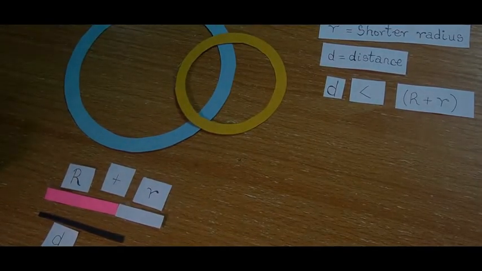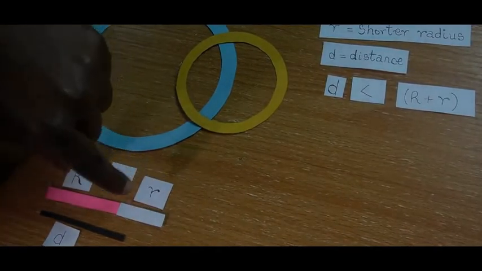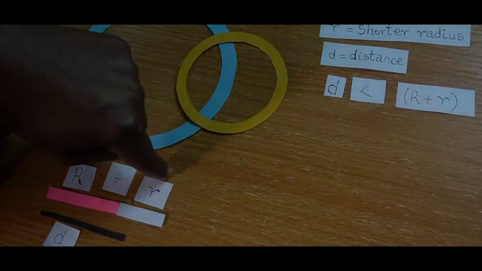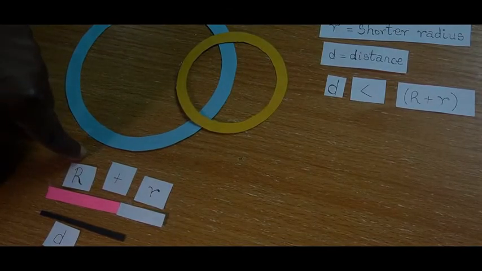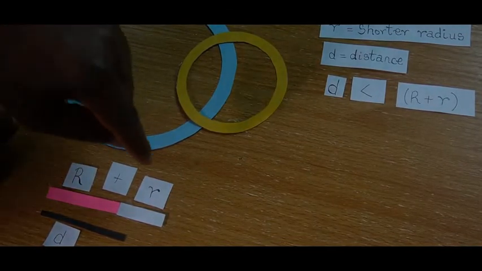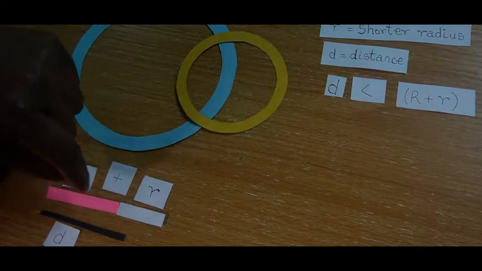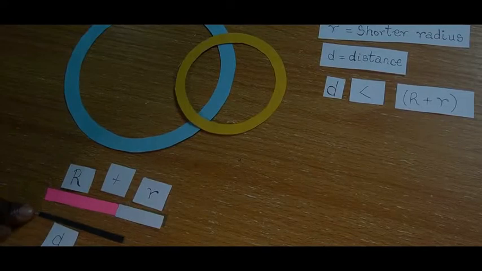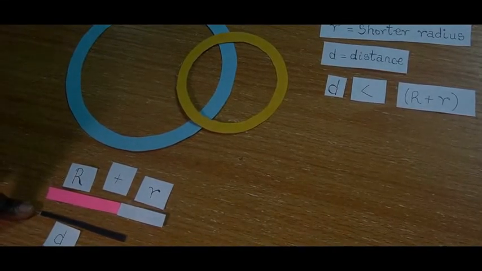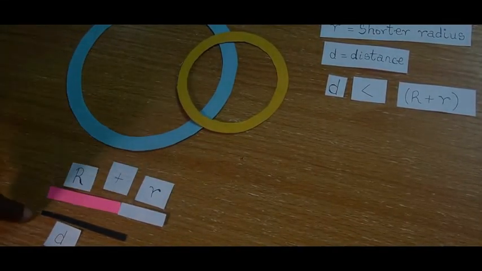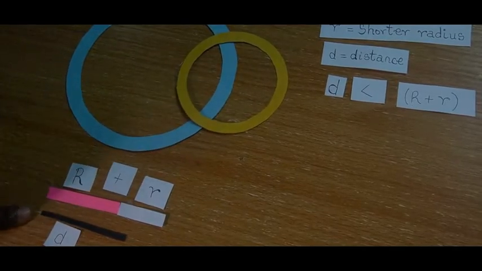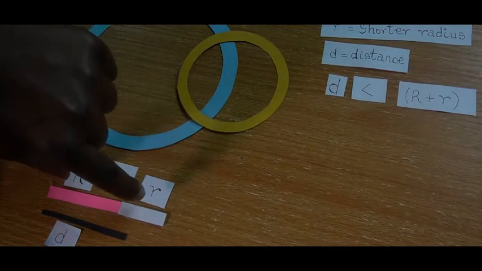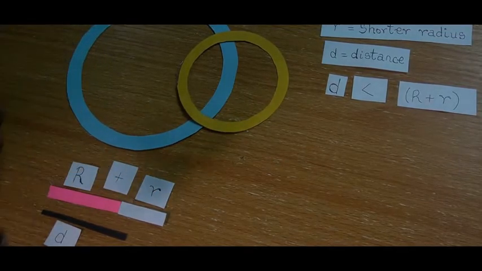So my question is, if you put these two radii together, the longer radius and the shorter radius, as we see them here, and compare it with this distance between the centers of the circles, which one is greater? Greater. You can see right there it is greater. That means the sum of the radii is greater than the distance.